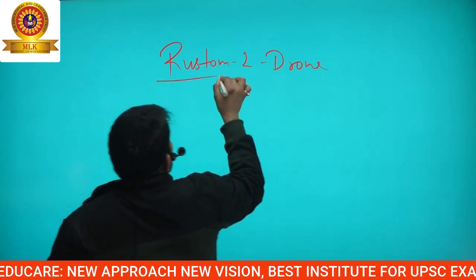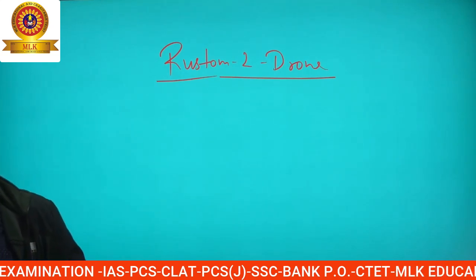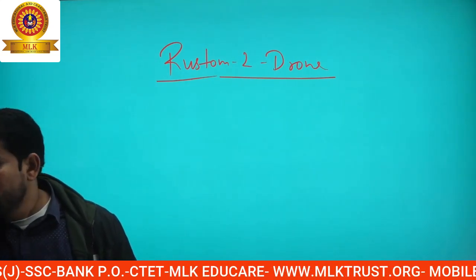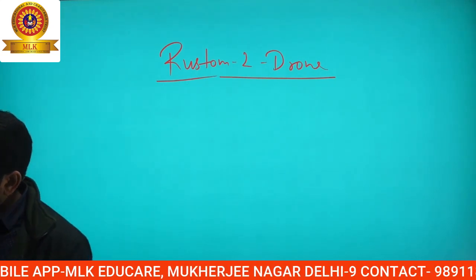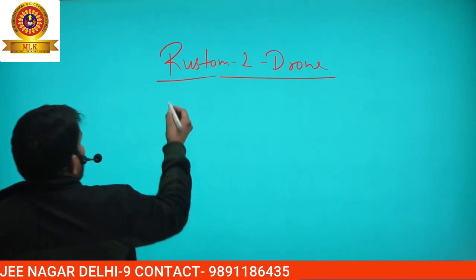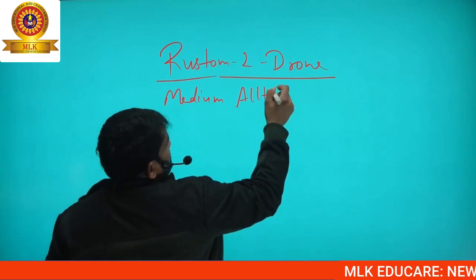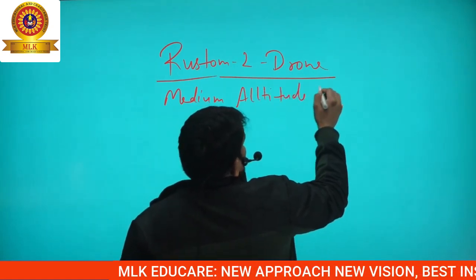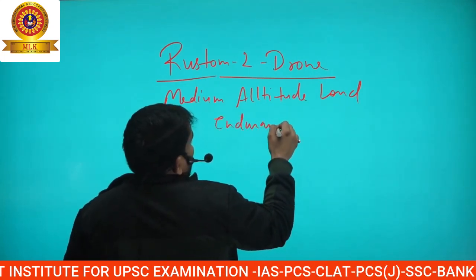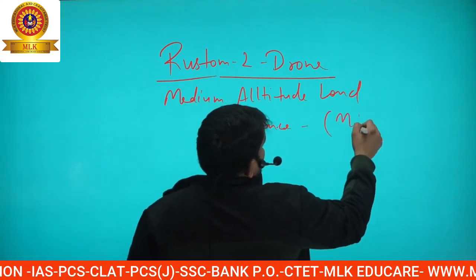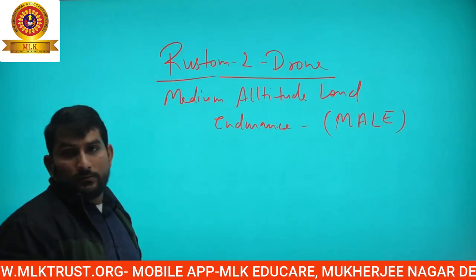Before Rustam 2, Rustam 1 was also providing services in the Indian Armed Forces, and this is actually a medium altitude long endurance drone. Now, jokingly someone may say this is a male UAV. What is this? It is MALE UAV, male, not female.